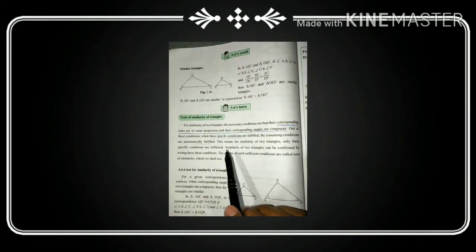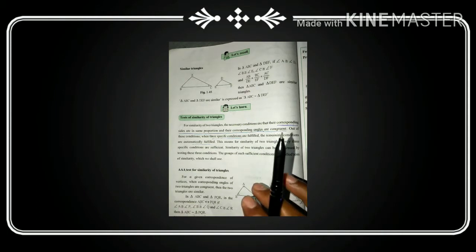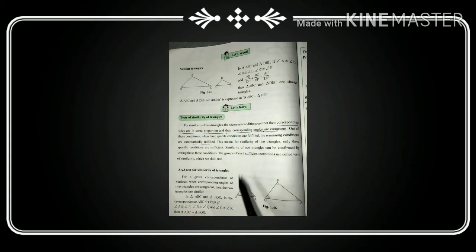Then, test of similarity of triangles. Now, the necessary conditions for similarity of two triangles are that their corresponding sides are in the same proportion and their corresponding angles are congruent.